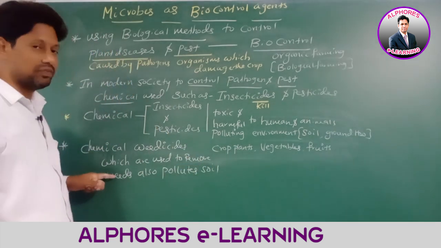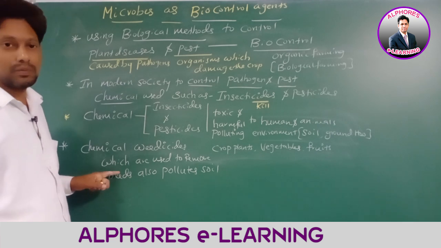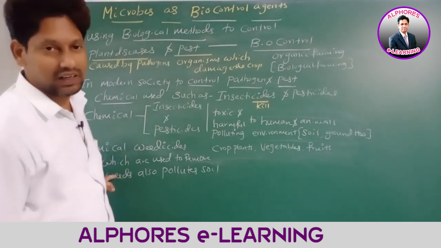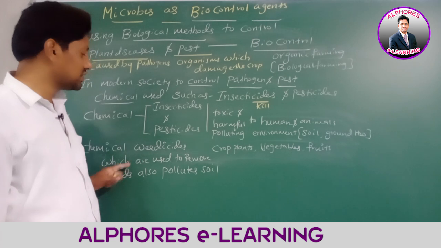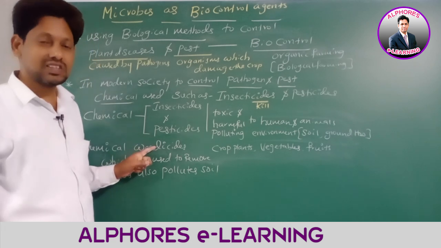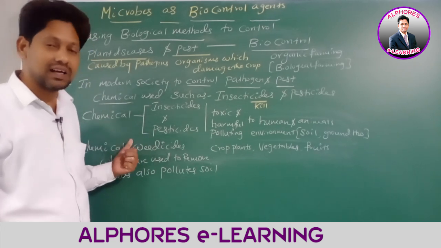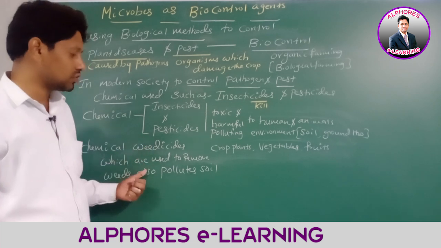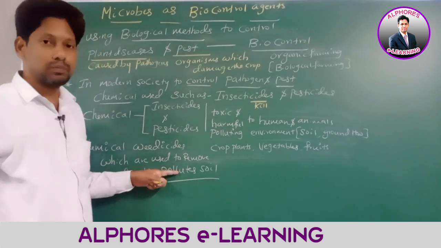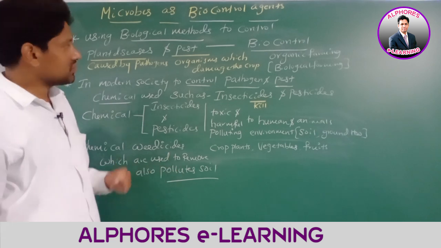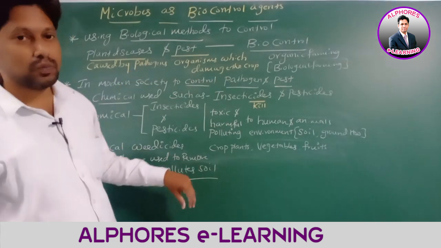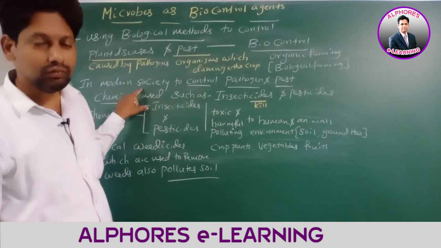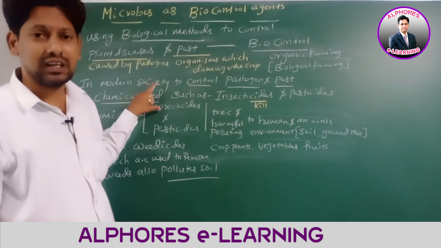What is the meaning of weed? Unwanted plant. To remove these weeds, what are we using? Weedicides. Such chemical weedicides even pollute the soil. Therefore, this is the damage caused by chemicals.